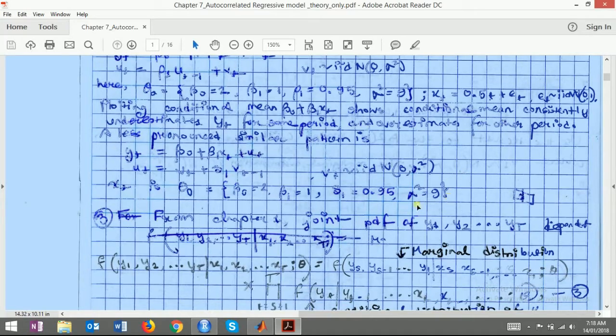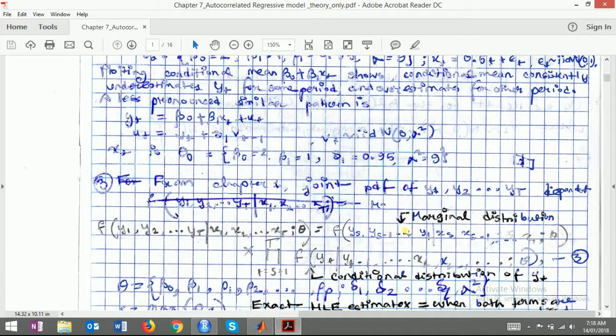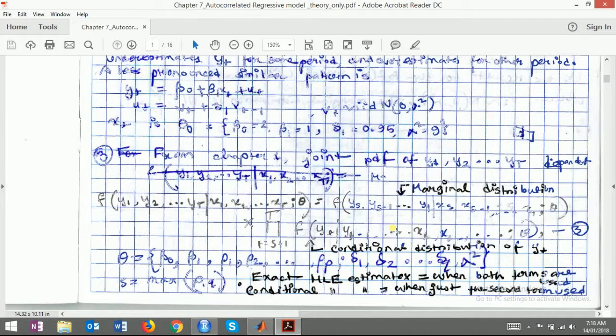From chapter 1, a joint probability density function of y1 up until yt dependent variables, conditional upon x1 to xt for all theta parameters, is represented with f function of ys minus 1 to y1. So ys is a predicted model, ys minus 1 is the prediction just before ys, and that comes back to the current period y1.